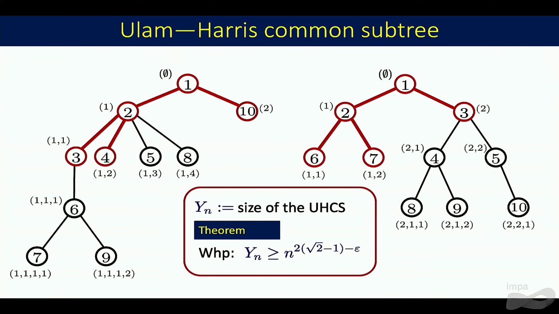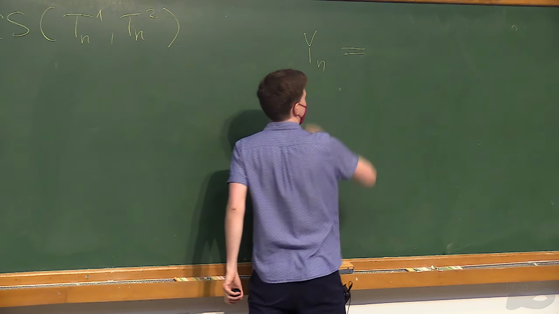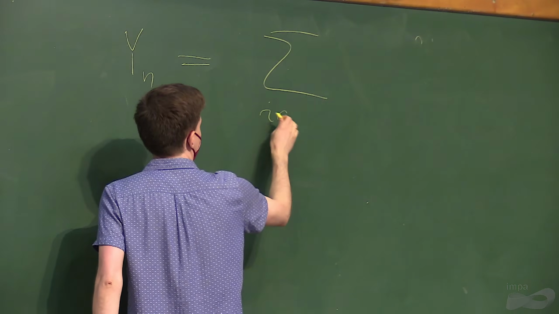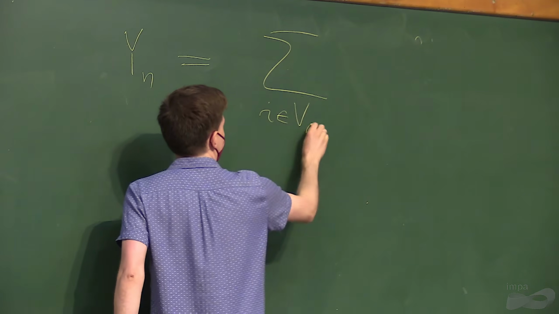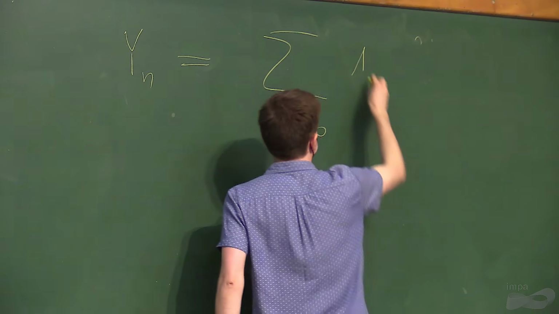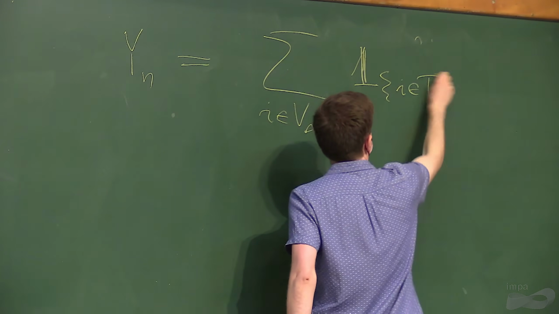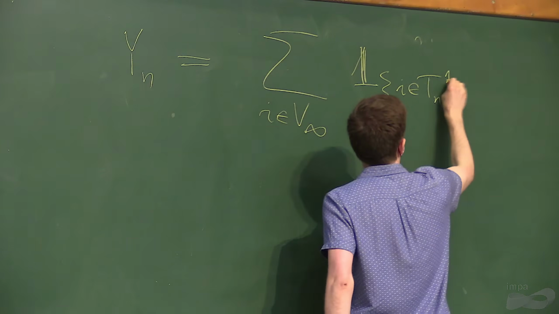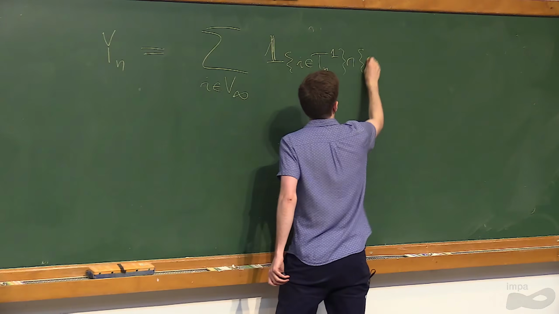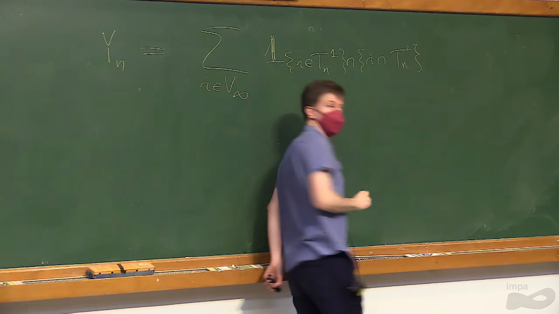So first of all, what is this quantity? This is just I sum over all vertices in the Ulam-Harris tree, and I want the vertex I to be in the first tree, and I also want it to be in the second tree. Right?